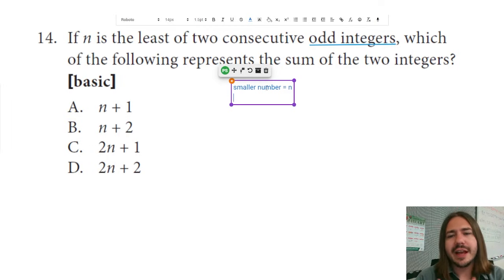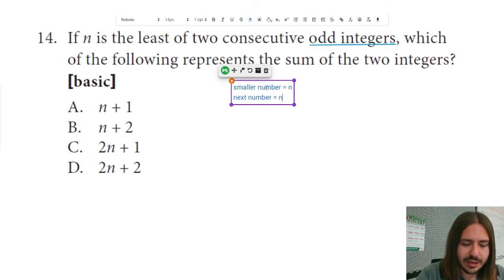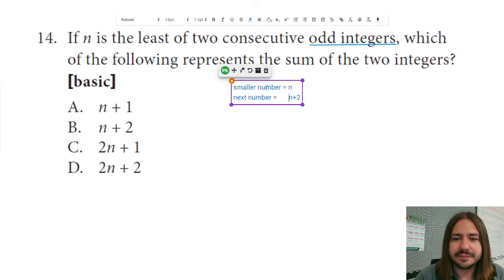So if the smallest one is, say, 7, the next one would be 9. But the key point is that the next number is going to be 2 more than the previous number. So the next number is going to be n plus 2. Like if the first one's 3, the next one will be 5. If one is 11, the next one's going to be 13, and so on.